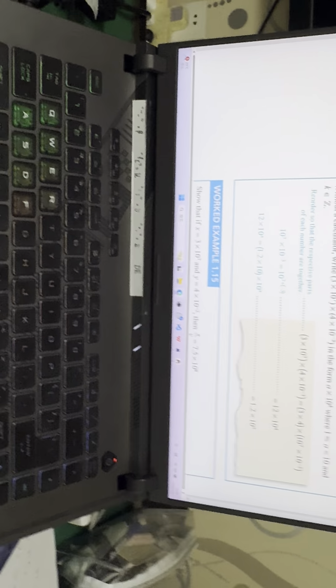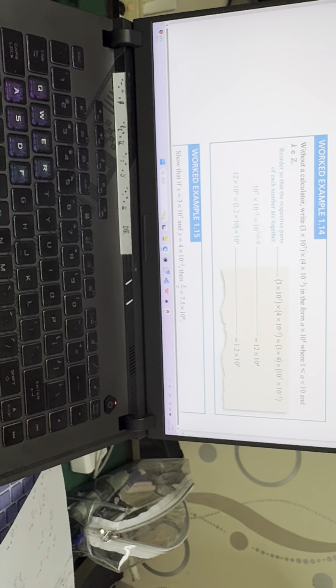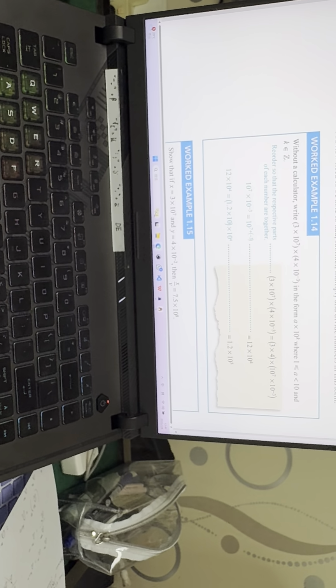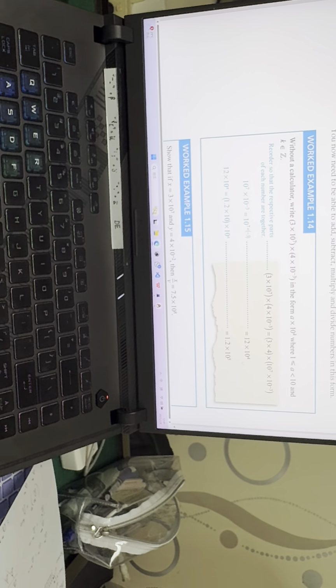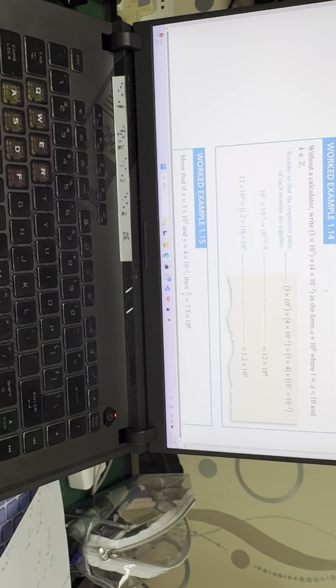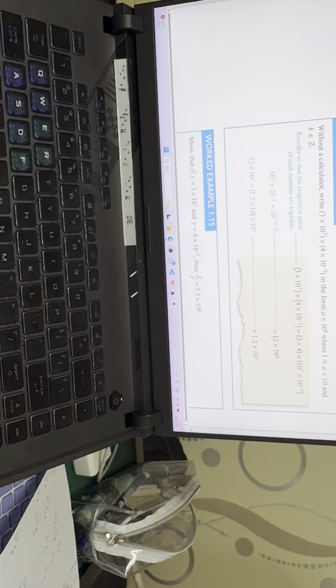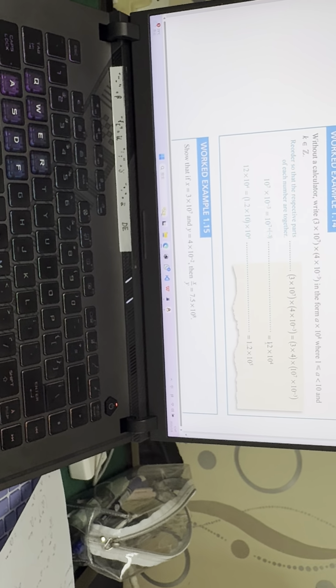So we know it's 12 times 10 to the power of 7 plus negative 3, so 10 to the power of 4. But remember, in this form, a must be more than 1 and less than 10. Because 12 can be written as 1.2 times 10, this step is like that. That's why we have to change 12 to 1.2, because it's what we need.